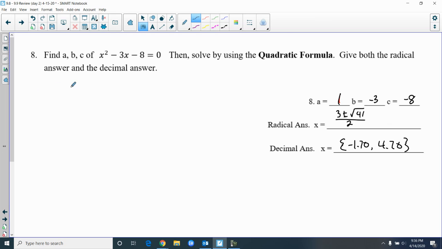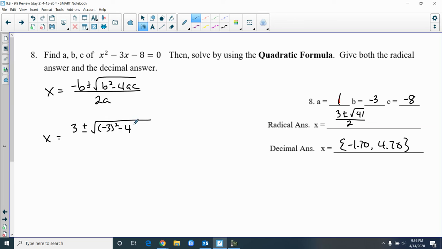All right, let's go through how to get those. Quadratic formula: negative b plus or minus square root of b squared minus 4ac over 2a. Plug in the opposite of b. B is negative 3. The opposite of negative 3 is 3. Make sure you put that negative 3 in parentheses.